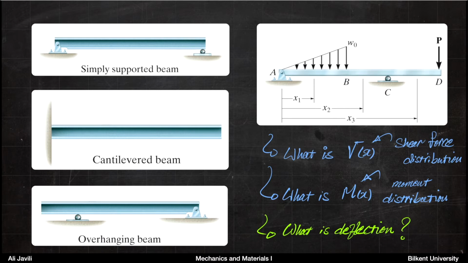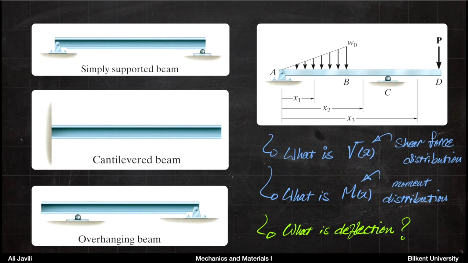But in any case, the question here in the topic of bending is, what is the shear force distribution in the beam? What is the moment distribution in the beam as a function of x? And eventually, what is the deflection of the beam?